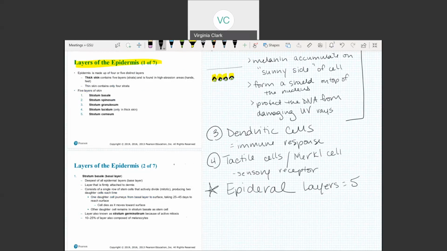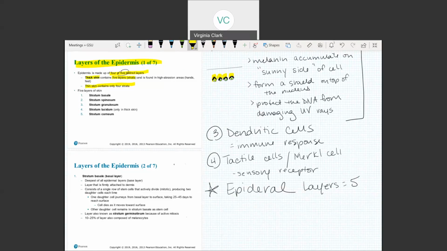So you technically have 5 distinct layers, and I want you to know that. But depending on which type of skin we're talking about, there's something called thick skin. Thick skin will have all 5, whereas thin skin will only contain 4.